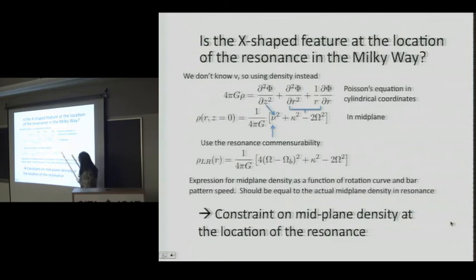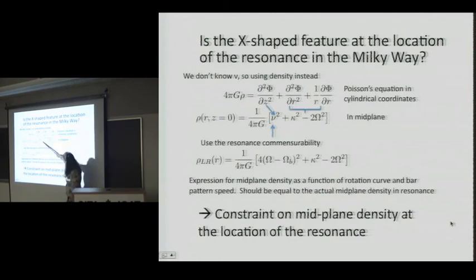So what I did is I take Poisson's equation, and this stuff is just related to the rotation curve, because it's all derivatives with respect to r. And d phi squared dz squared is actually the vertical oscillation frequency in the midplane. So you take Poisson's equation in the midplane and relate the density in the midplane to the vertical oscillation frequency and things that depend on the rotation curve.